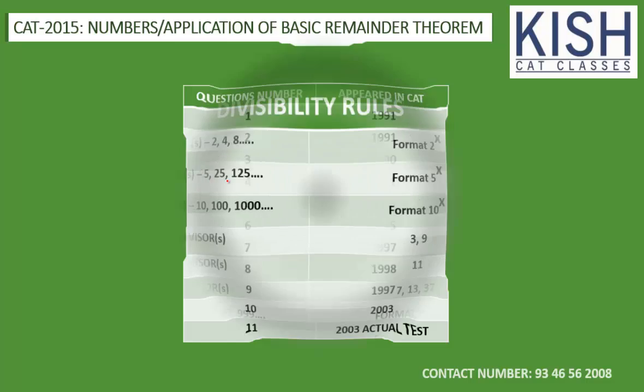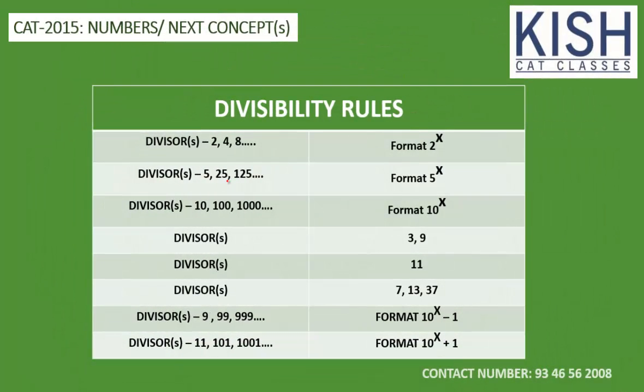Now, let's observe what is the next video. So in the next video, before you solve original CAT questions, it is related to again the basic remainder theorem. However, all the questions in the next video are all about just divisibility rules.